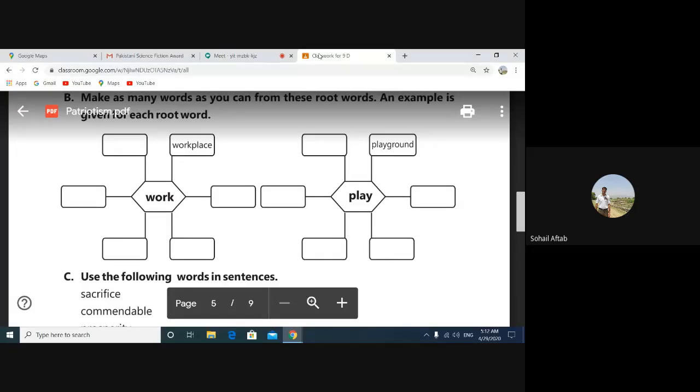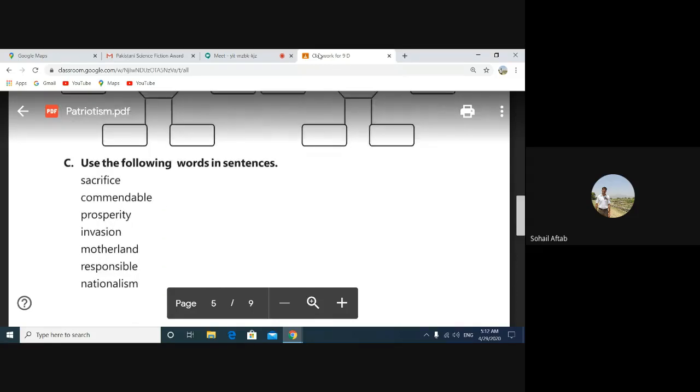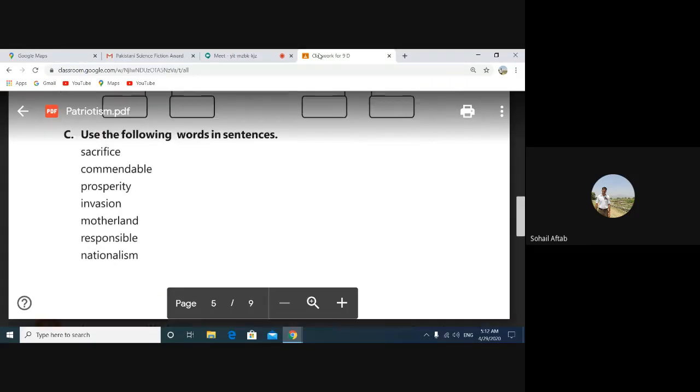And then you can go ahead and see the dictionary and write the leftover. Okay. Now the C part: we have using words in sentences. There are a couple of words. Now let us use them in our sentences.